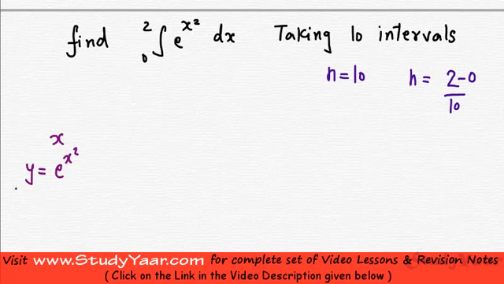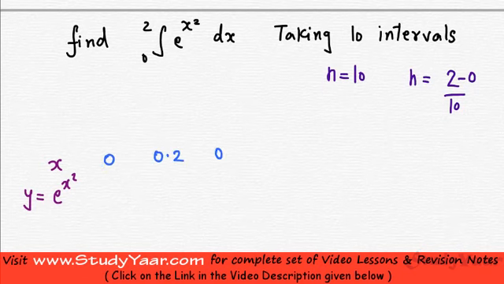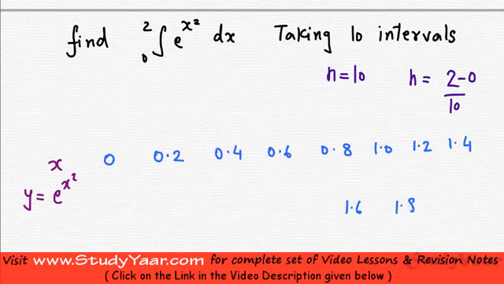So you are going to calculate your x and y values for x equal to 0, x equal to 0.2, 0.4, 0.6, 0.8, then you are going to have 1.0, 1.2, 1.4, 1.6, 1.8 and 2.0. So you have 10 intervals.